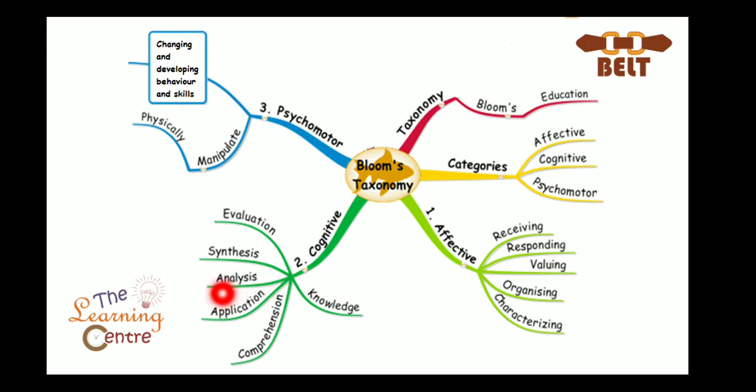And then we have higher order thinking skills, or HOTS, which begin with analysis. The children are capable of analyzing, breaking something up and understanding how it is constructed. They can look at the elements of a story and identify the beginning, the orientation, the setting, and the introduction of the character.